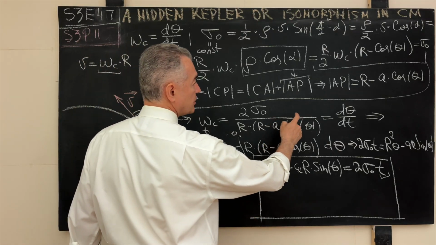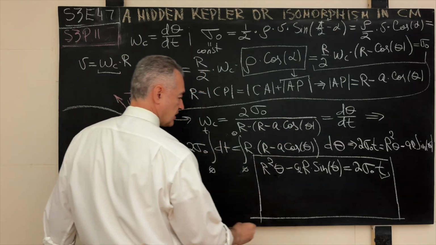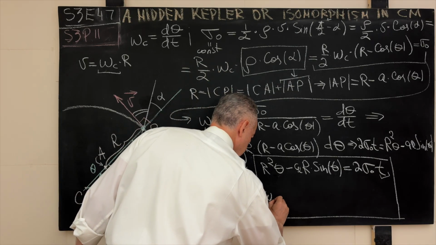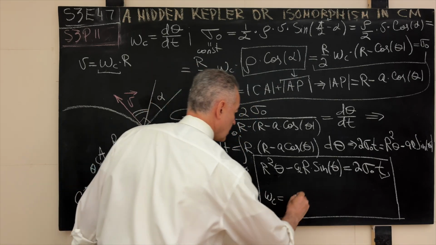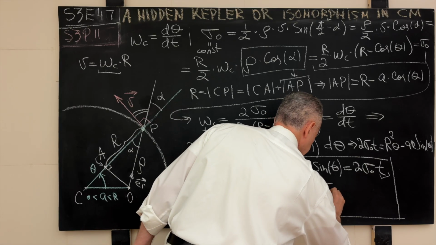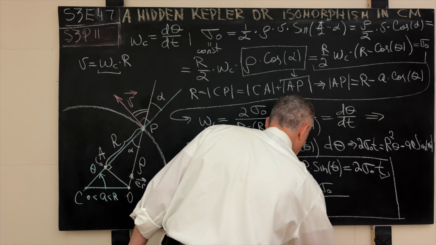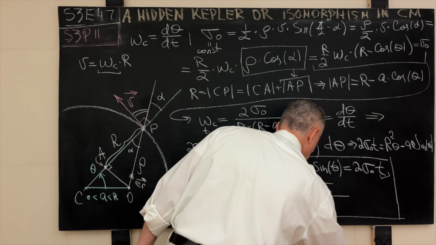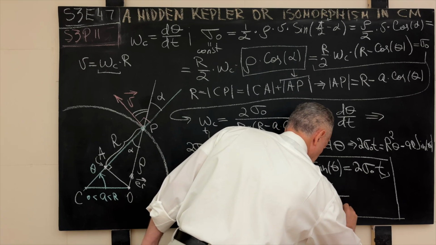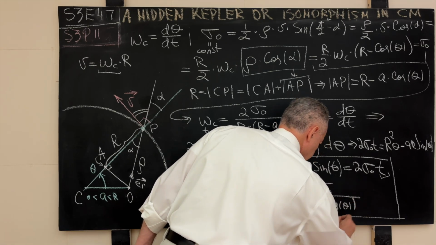And we also have to bring in this equation. We have to say that omega is equal to 2 sigma 0 divided by r times r minus a cosine of theta.